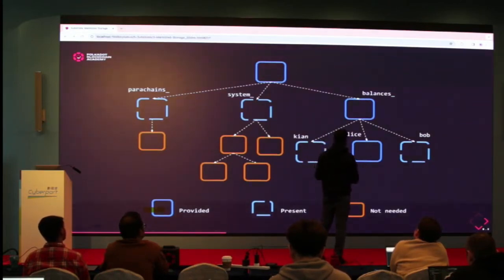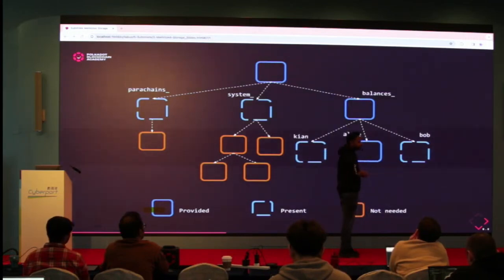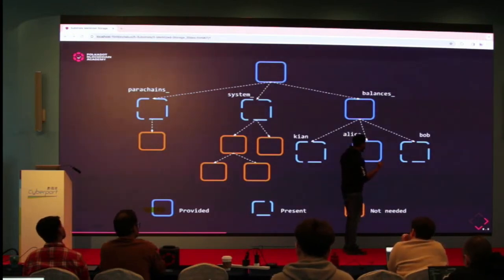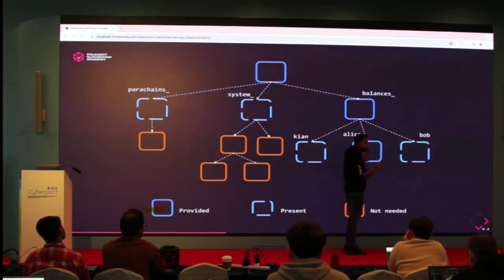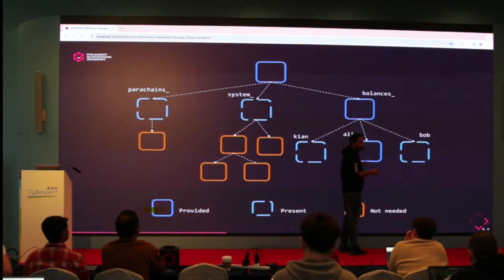That hashing them together will be balances. Yes. And then check balances, system, and parachains, and that they are equal to the root. So actually, when I said she wants to get the balance of Alice, giving her the value is kind of the same as saying you give her 3 nodes, right? The value is contained here. So you give it this and you can calculate the whole hash of this as well. So you need this node completely.